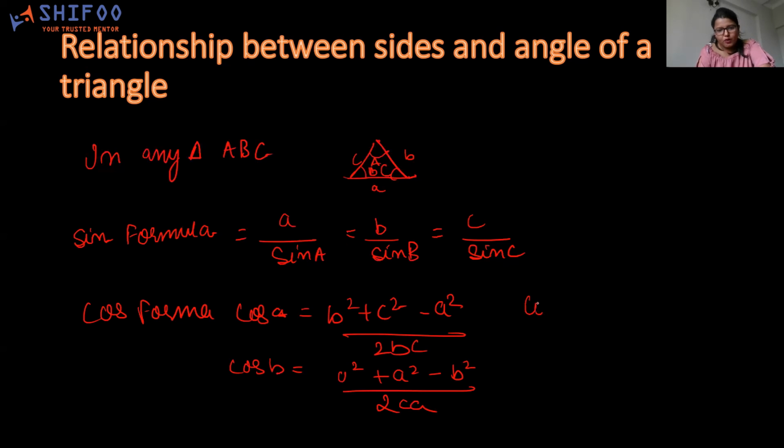Then we have cos C, that is equal to what? a square plus b square minus c square upon 2ab. These are the formulas we'll be using in this chapter. I hope you understood all of them.